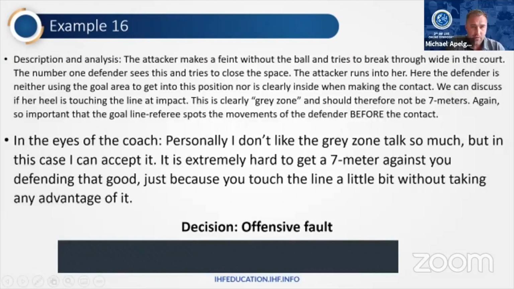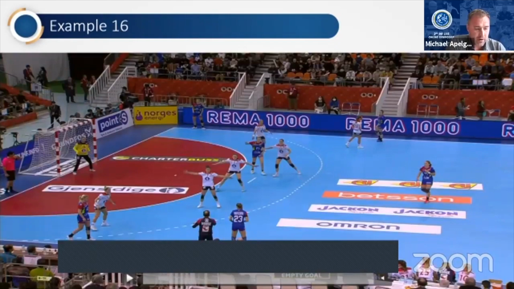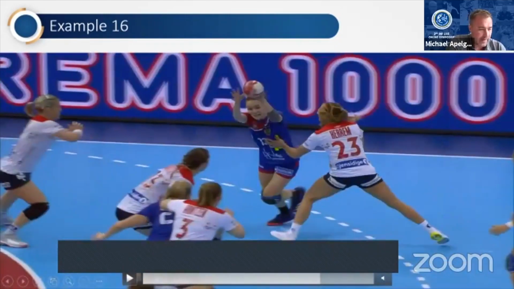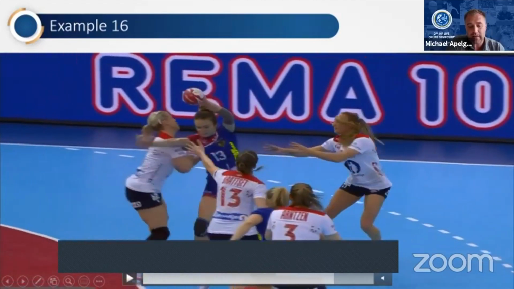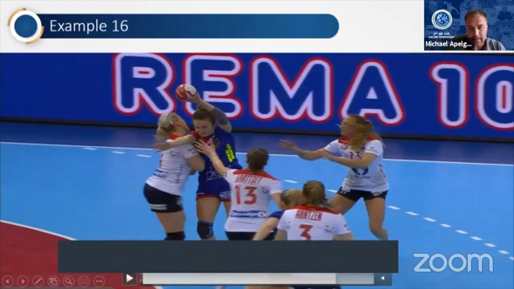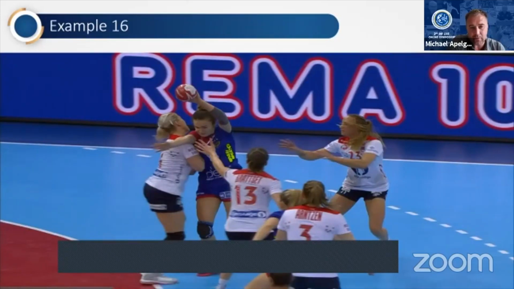Yeah, as I was saying before, I personally don't like the gray zone talk, but this situation is a good one to explain how difficult it is to be a referee about this. In this situation, it's extremely hard if you get the penalty against you when you're defending this well, just because you're touching the line a little bit. Therefore, in this situation, I can understand the gray zone thinking, because she's not winning on touching the line.